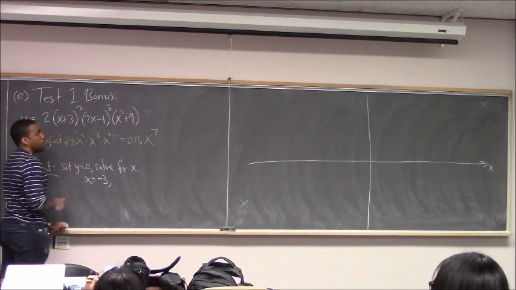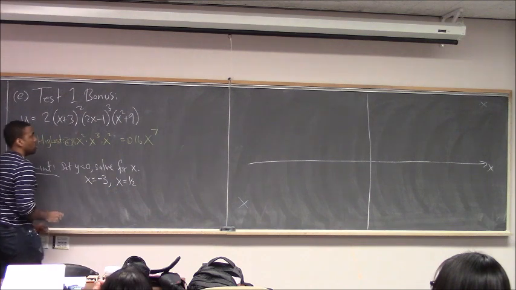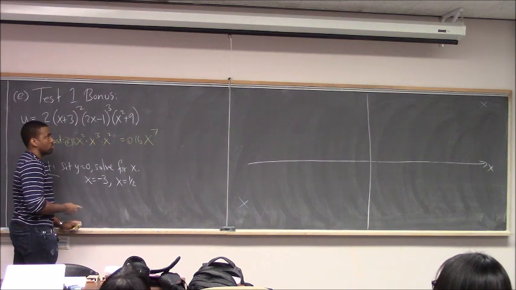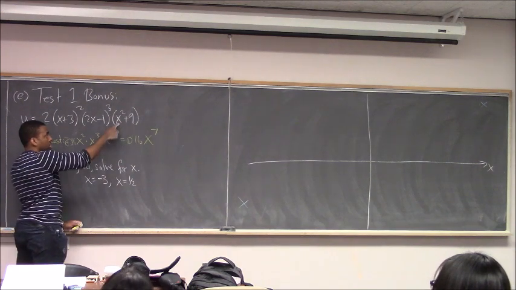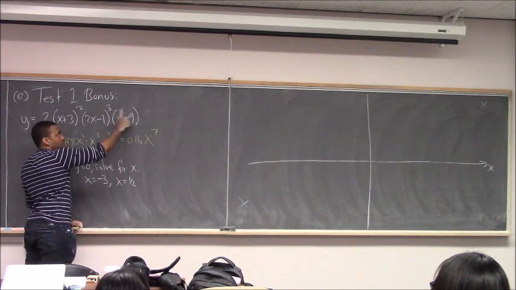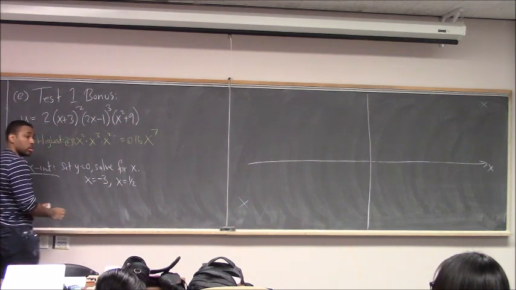What would make this 0? x equals positive 1/2. What would make this 0? Nothing. That's never 0, right? Your x squared is always going to be 0 or bigger, and then I'm adding 9, so this part of the expression is always 9 or bigger. It's never going to be 0. So there are only 2 x-intercepts.